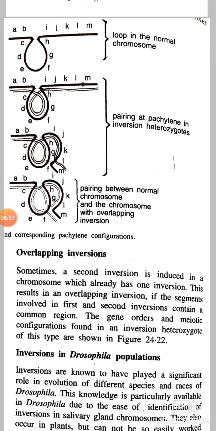During the Pachytene stage, inversions occur in the heterozygotes and they form gametes which are viable, and it causes structural changes in the gametes formed.